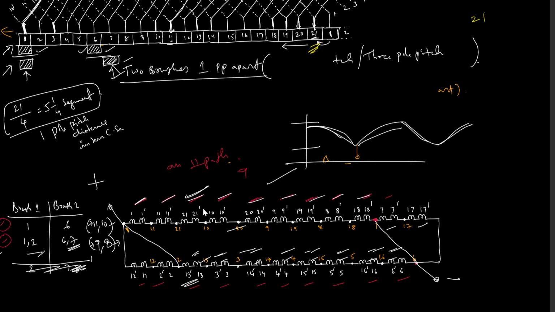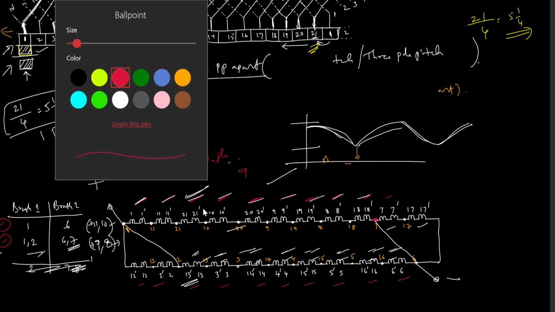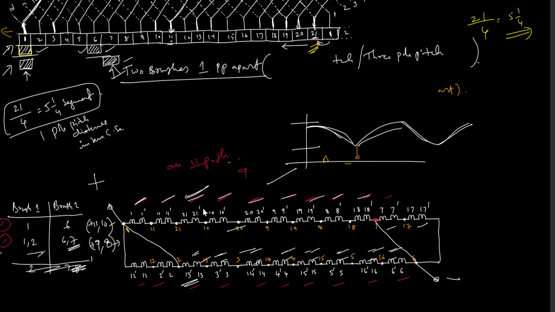We have 21 slots and 4 poles, so it is coming to 5 1/4 as the pole pitch. So if one brush is placed at the first commutator segment, then the next will be placed 5 1/4 later, like this.